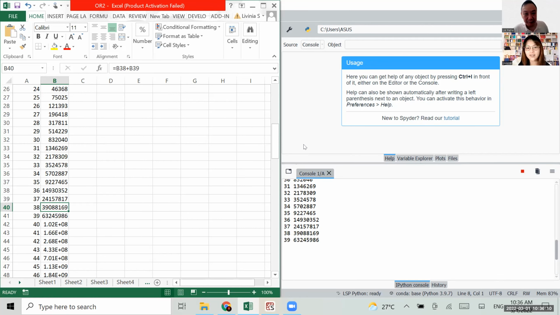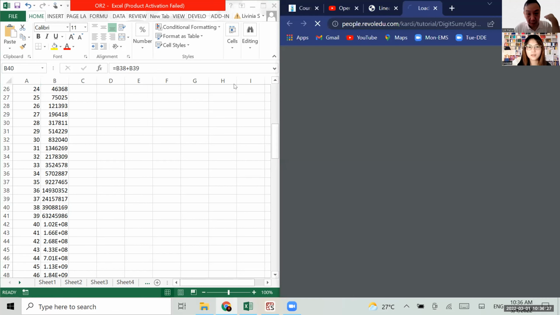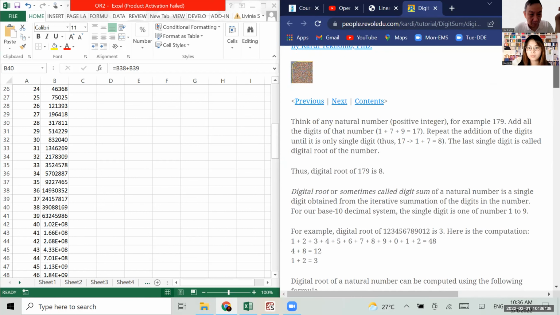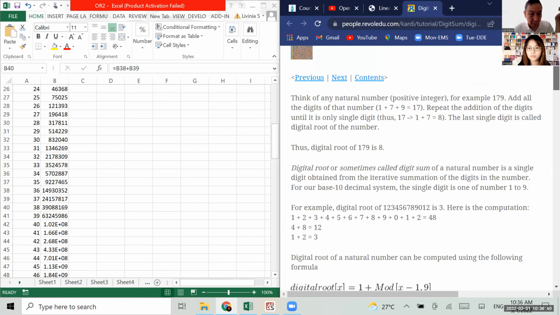Okay, in Excel, you can go to my website. I will put it in chat. To this website about digital root. Okay, and I think I have a version to prove to you.